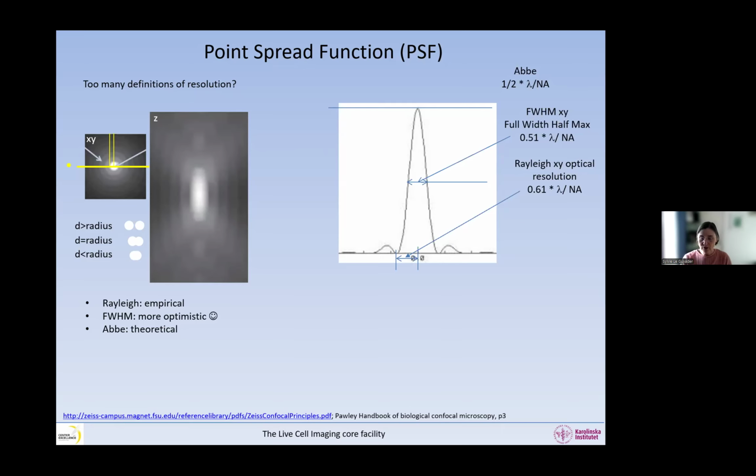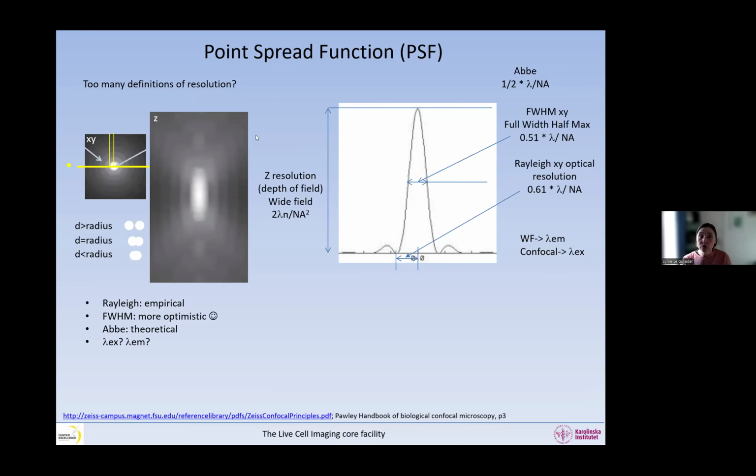And if you have no contrast, you cannot use the resolution anyway. And then there are some equations that use the excitation and some that use the emission wavelengths, and that depends on what you do. Normally, for a wide field system we should use the emission wavelength, and for a confocal system we should use the excitation wavelength.